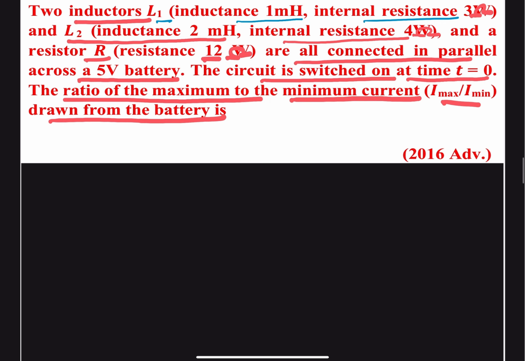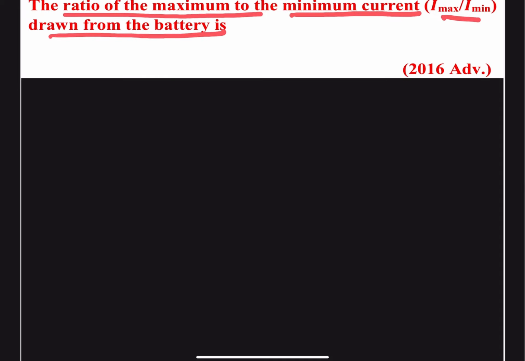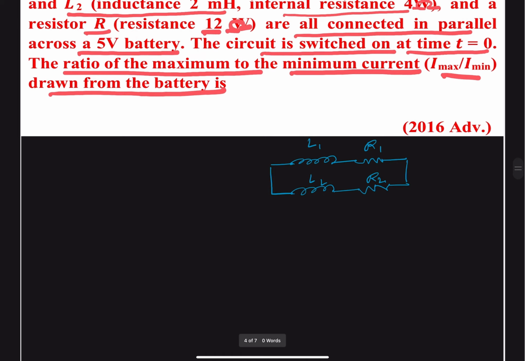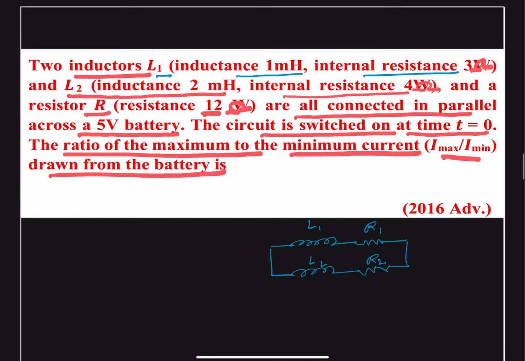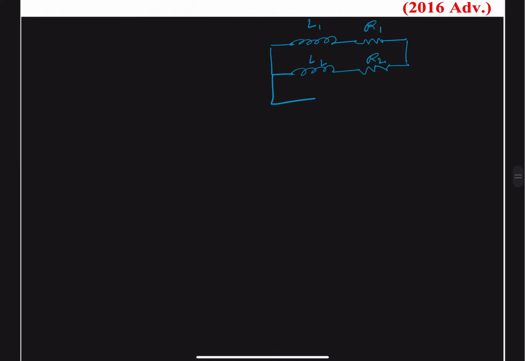So in this case, let us draw the circuit. We have an inductor L1 having an internal resistance. So let us suppose this is L1 with internal resistance R1, and we have another inductor L2 with internal resistance R2, and a resistor R of 12 ohm, all connected in parallel.